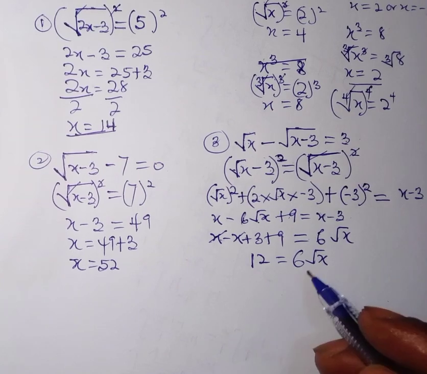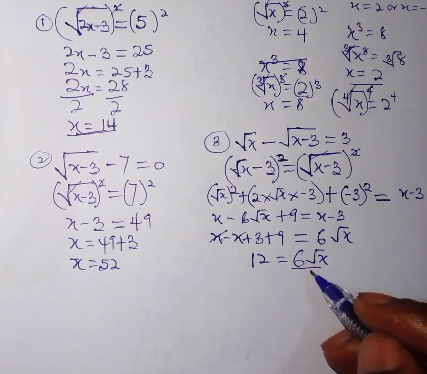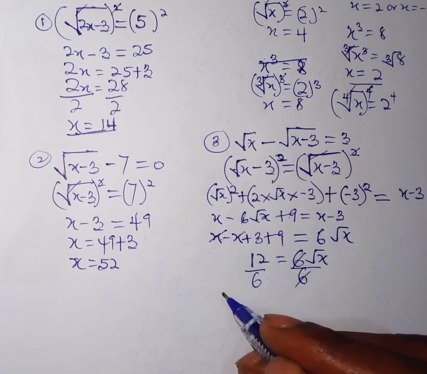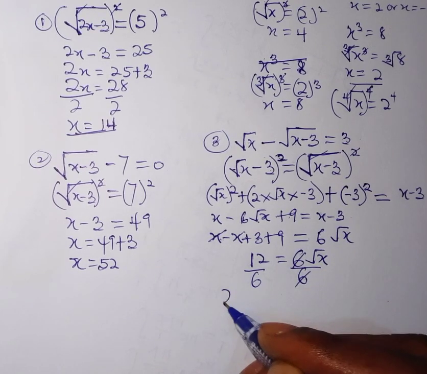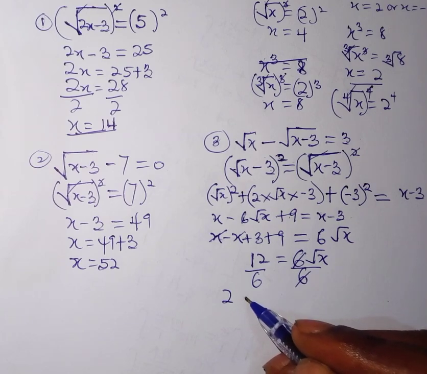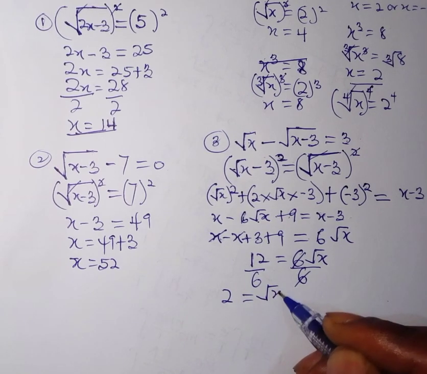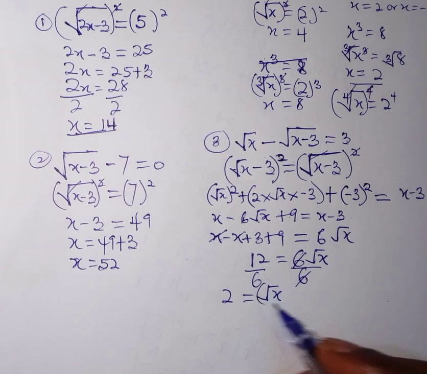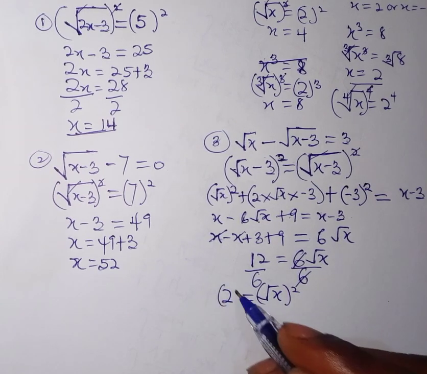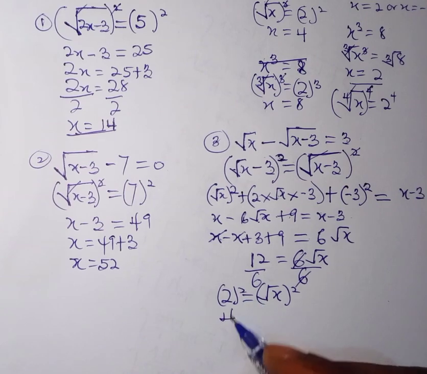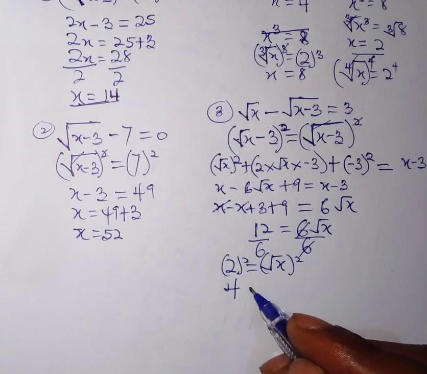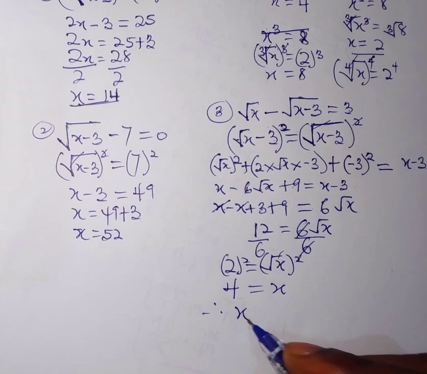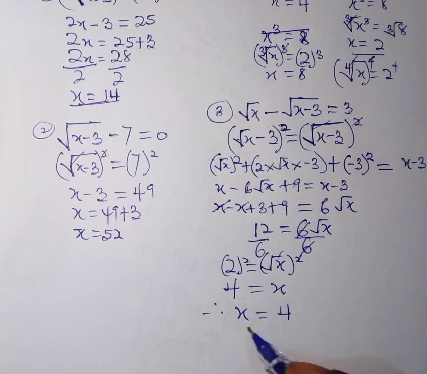Now once we have this, we can divide both sides by 6. Then this one will go, and then I'll have my 2 is equal to root x. This time we still have another square root, so we take square of both sides. Then we have 4 is equal to x. Therefore my x is equal to 4.